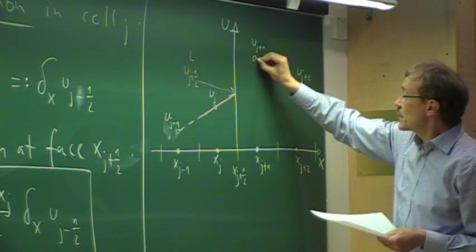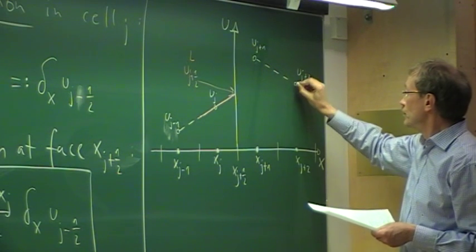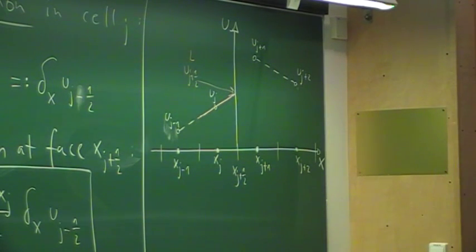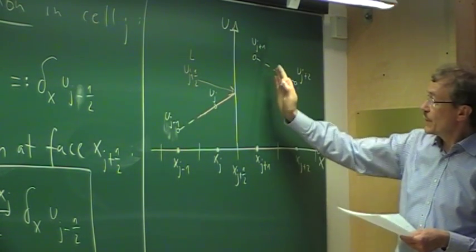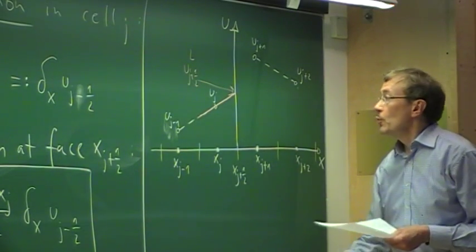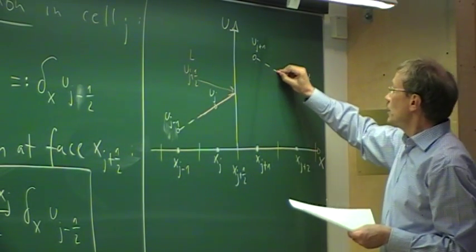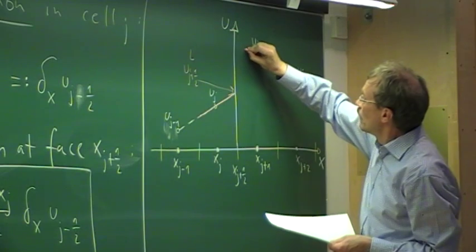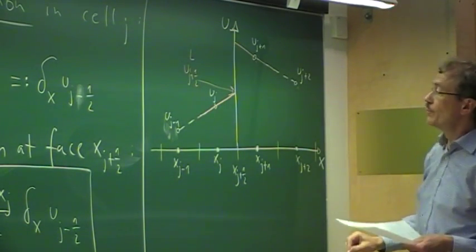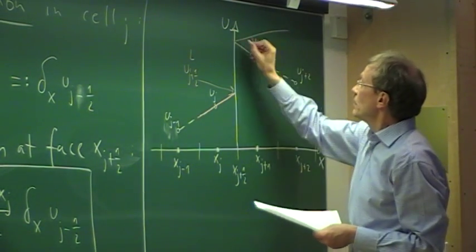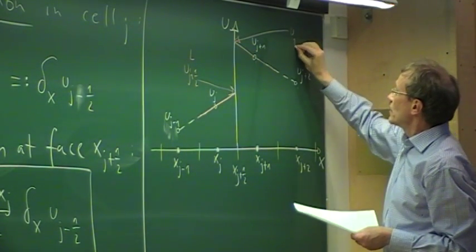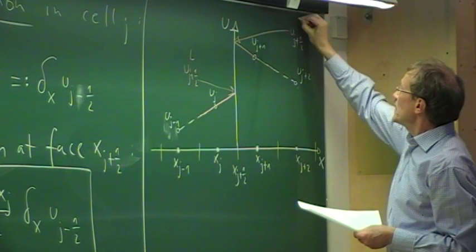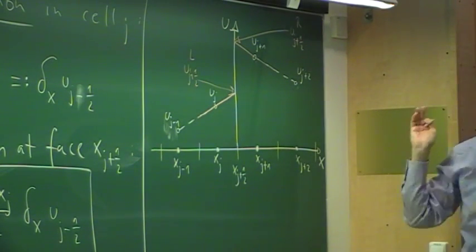So we have this slope here, and we use that to get the reconstruction in the cell j plus 1. In this cell, we use this slope to get the value here, and that is the value from the right reconstruction. We are again at the face, but we have reconstructed from the right.